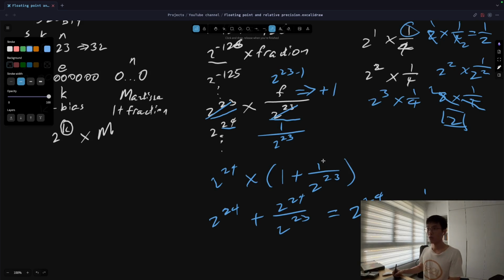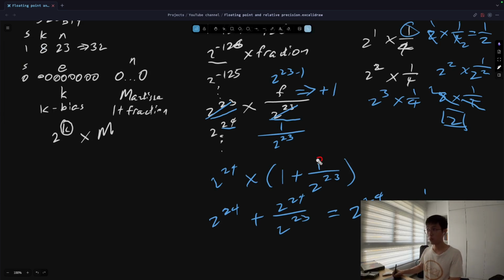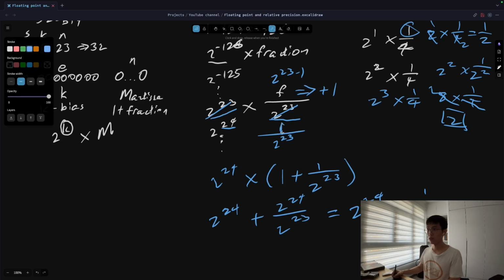But yeah, as you can see, when we increment the smallest fraction bit by 1, that means the last bit becomes 1. The smallest value of the number jumps by 2. We went from 2 to the 24 here, which is just 2 to the 24 times 1.